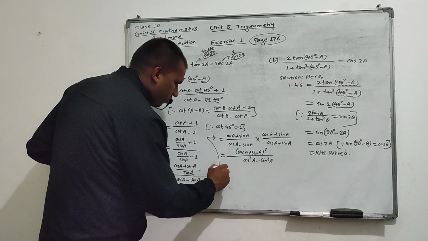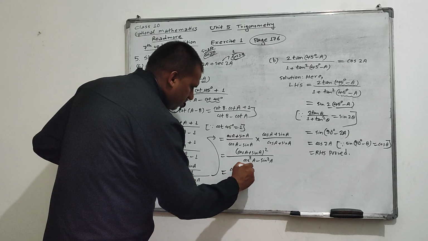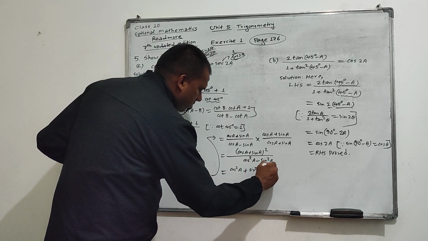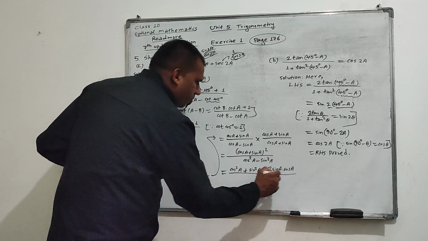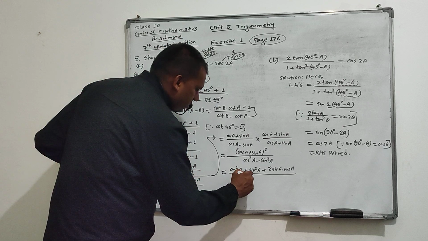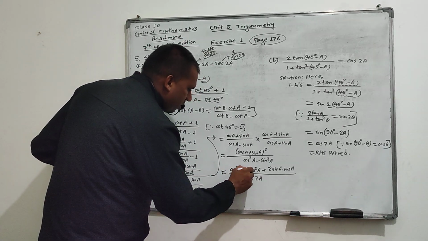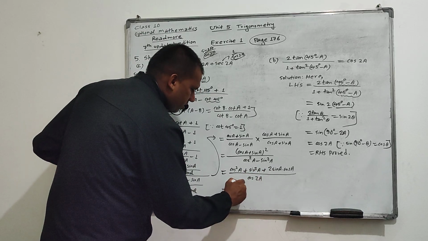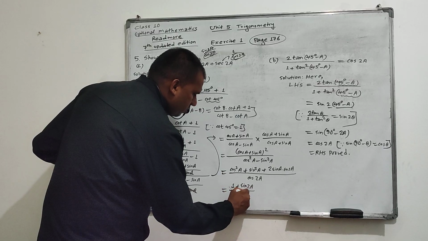Now expanding (A plus B) whole square, we get cos square A plus sin square A plus 2 sin A cos A, whole upon cos square A minus sin square A, that is cos 2A. Cos square plus sin square is 1, plus 2 sin A cos A is sin 2A, whole upon cos 2A.